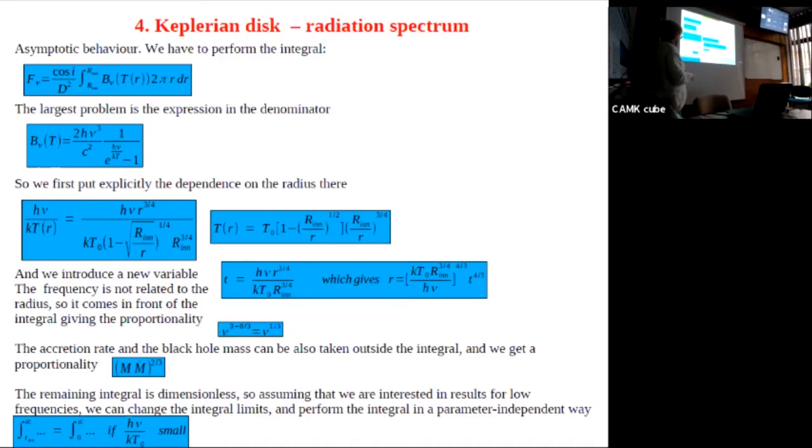So if your frequency is far from the energy corresponding to the peak of the temperature, you can say that you perform this integral from 0 to infinity instead of caring about exact values. And then it is numerically something like 2.5 or whatever.